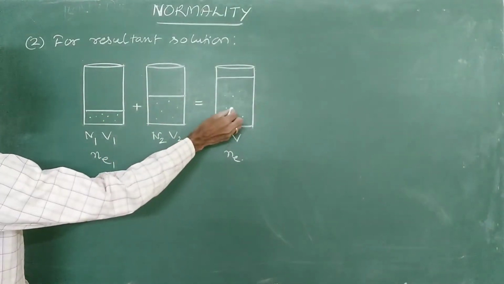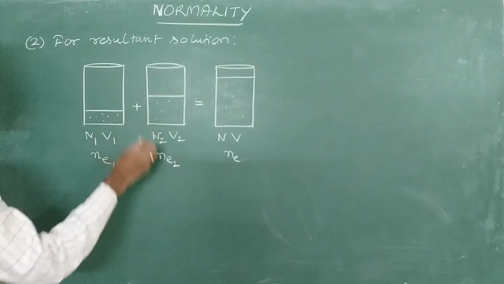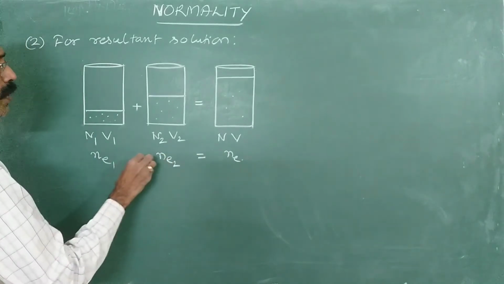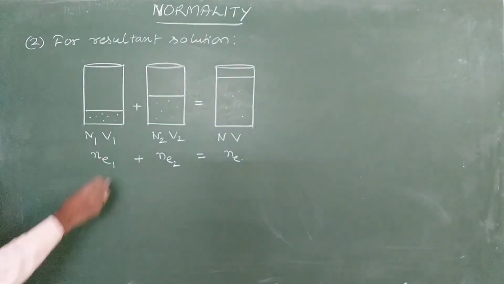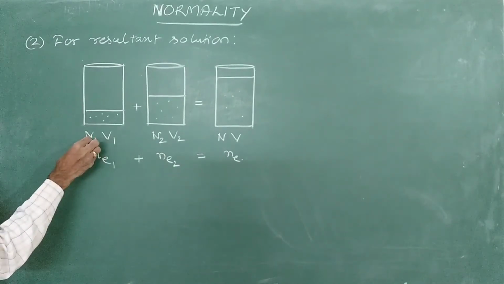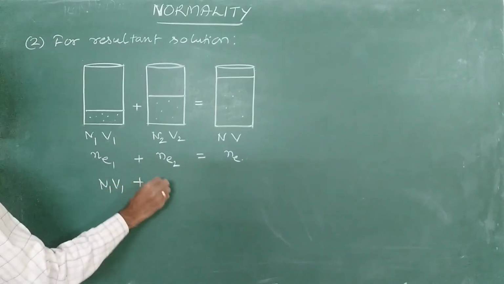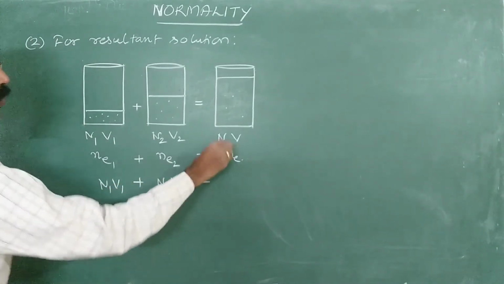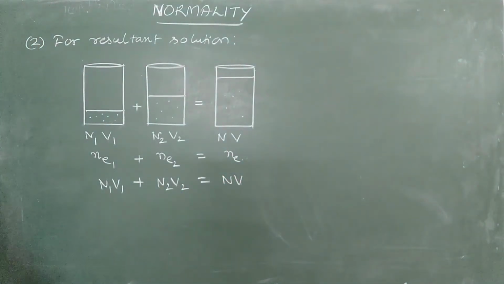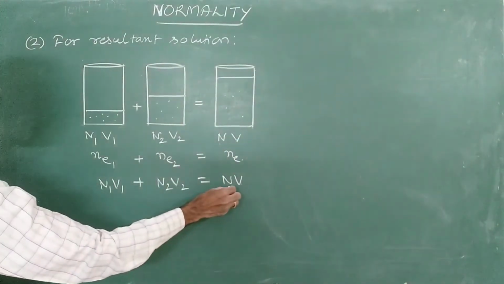So this is obtained by mixing these two solutions. That is why the number of equivalents is equal to the sum of the equivalents present in first and second solutions. So now Ne is equal to Ne1 plus Ne2. For Ne1 we can write N1V1, because number of equivalents is obtained by multiplying normality with the volume. So N1V1 plus N2V2 is equal to NV. Now what is normality?